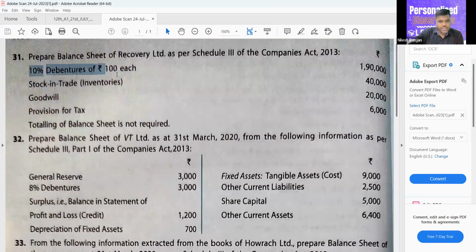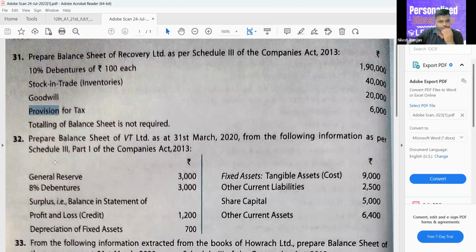We have been given 10% debenture, stock in trade, goodwill, and provision for tax. Only some of the items are given, so we don't have to prepare the whole format. We will only write the heading or subheading for which items are given.